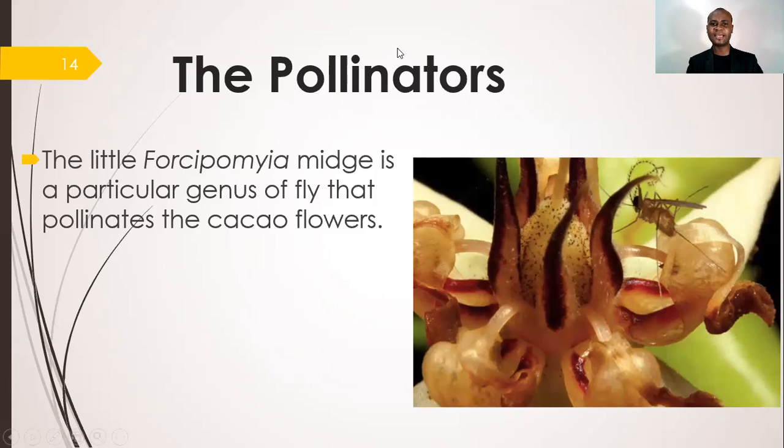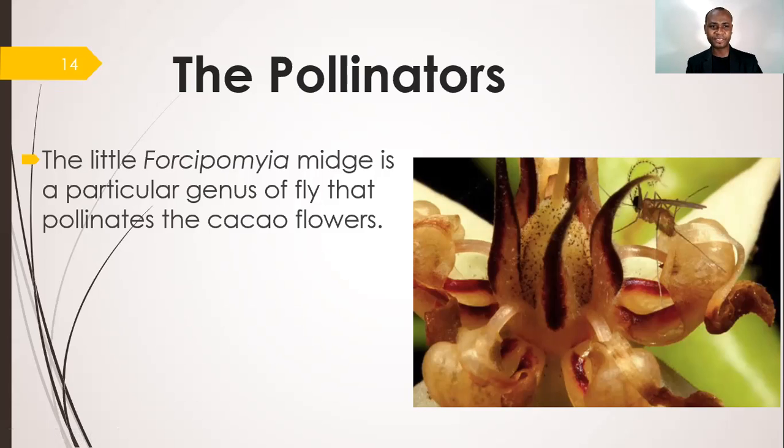So what pollinates cocoa farms? Most people think honeybees and some other insects pollinate cacao, but that is not the case. It's not true. There is only one insect that pollinates cacao, okay? And they are called midges, okay?